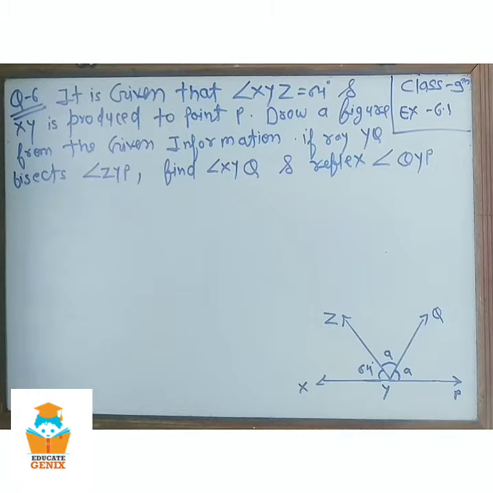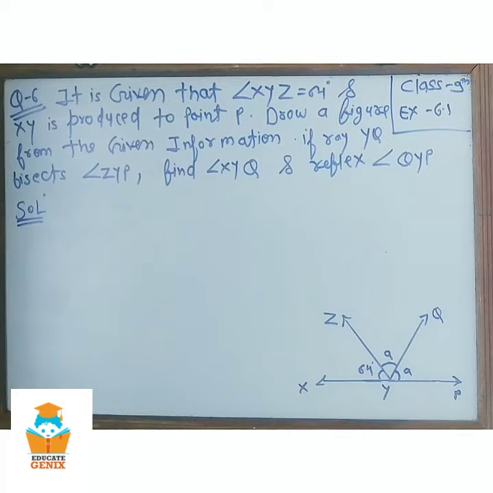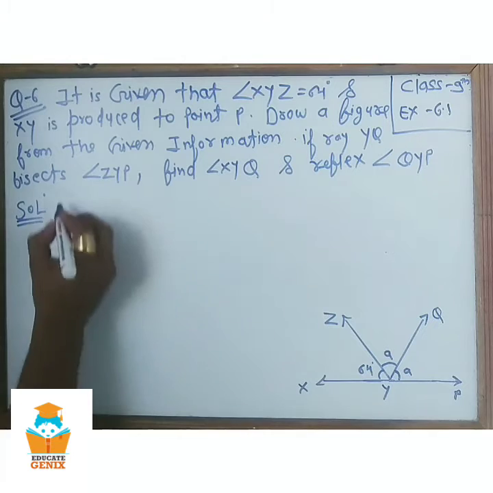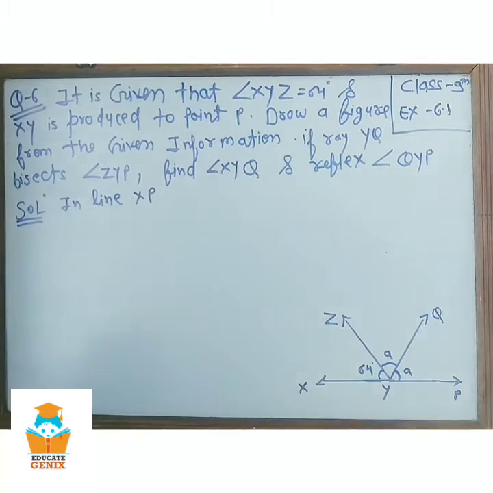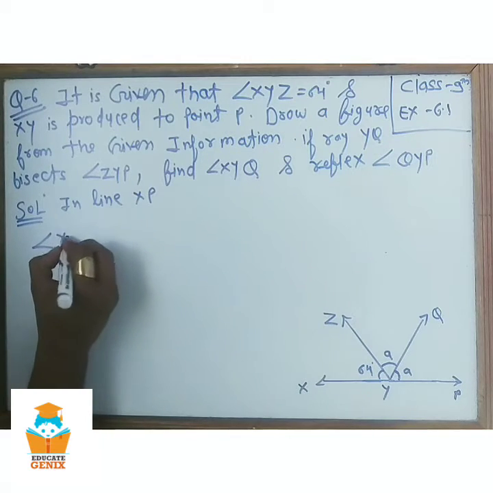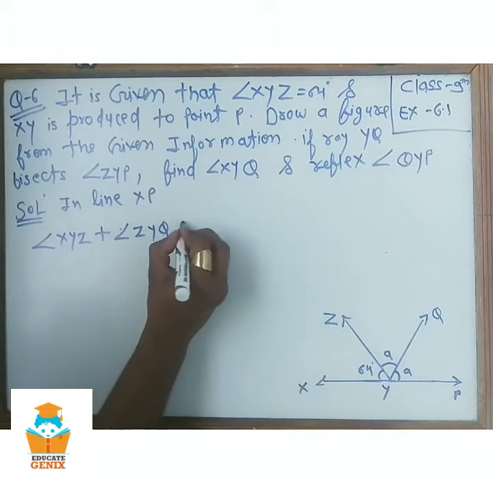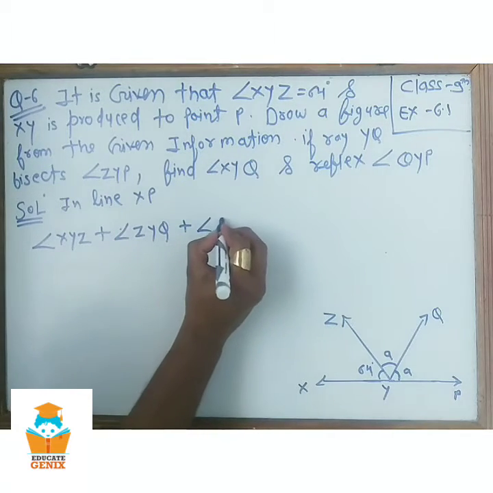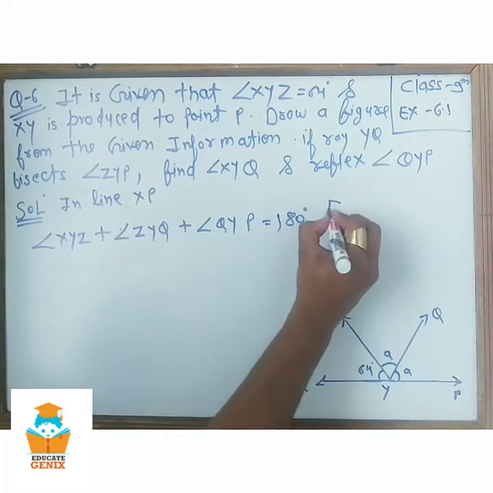Let's see the solution. In straight line XP, the sum of angles is 180 degrees through linear pair. Therefore, in line XP, angle XYZ plus angle ZYQ plus angle QYP equals 180 degrees through linear pair.